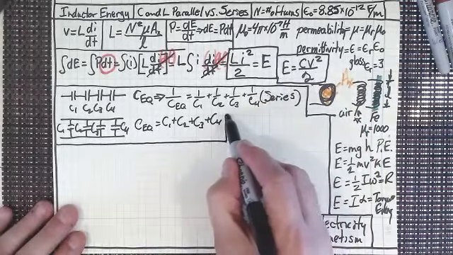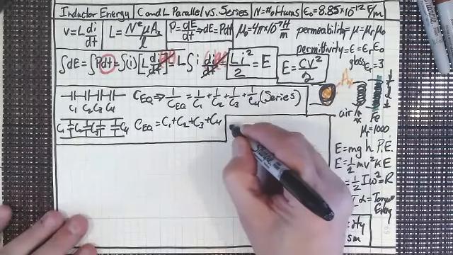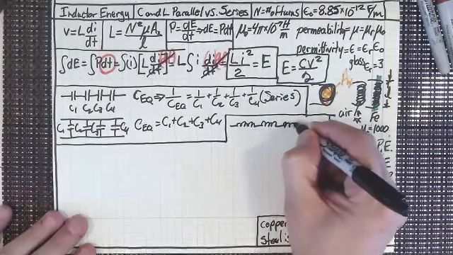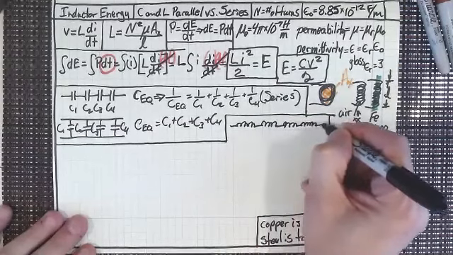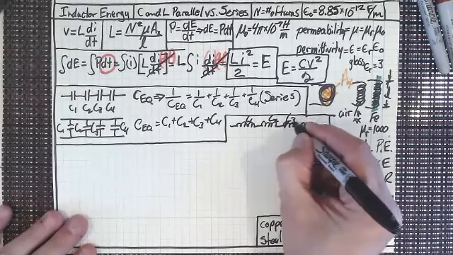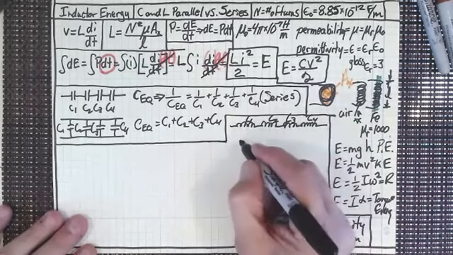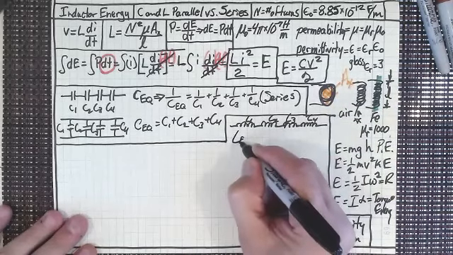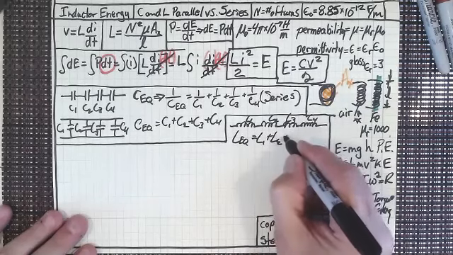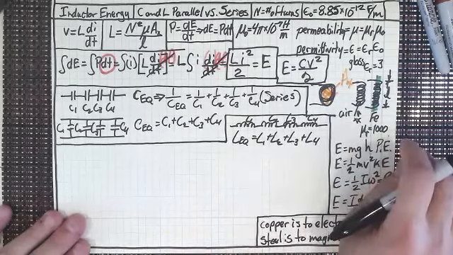And hey, what do you know? When we look at inductors, 4 inductors, L1, L2, L3, L4. These work just like resistors. So L equivalent for those in series is just L1 plus L2 plus L3 plus L4. All right.